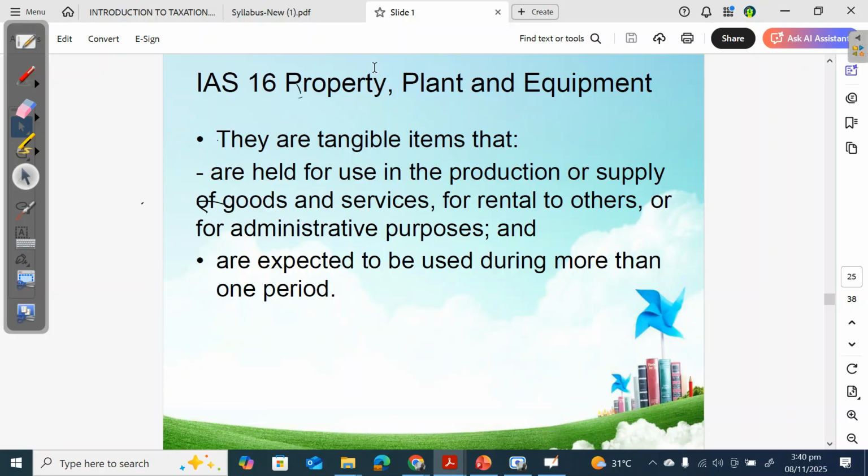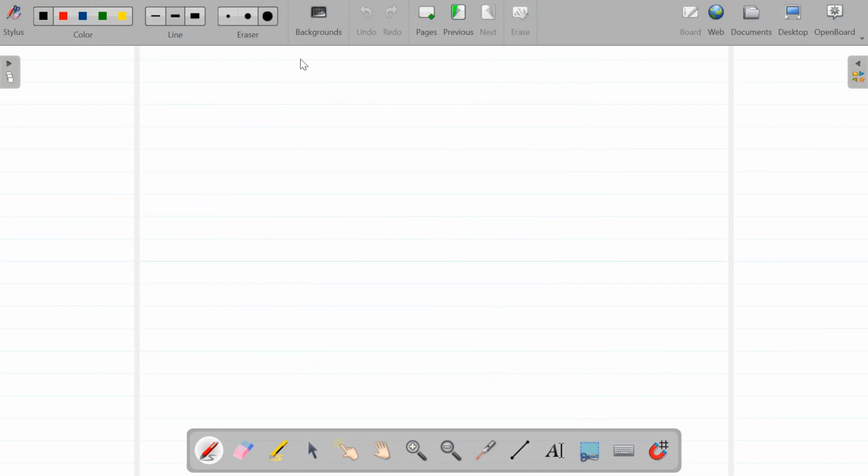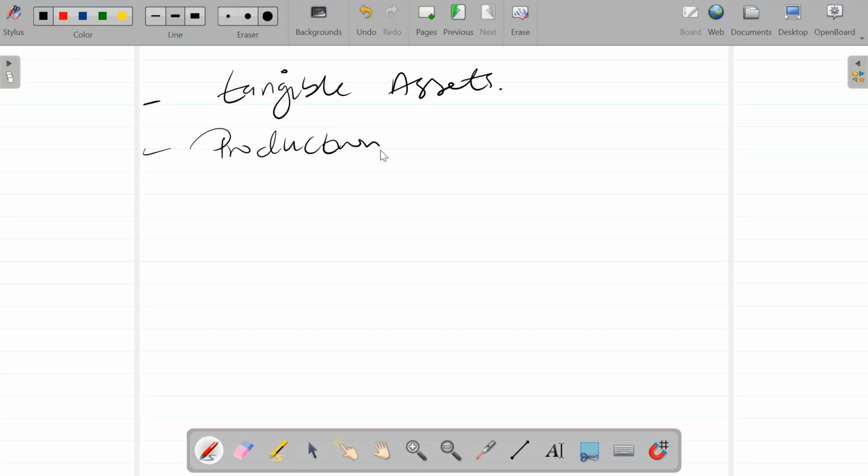Property, plant and equipment, first of all, are non-current assets, and also they are tangible items. When we say tangible, it means we can touch them, we can feel them. They are non-current assets, and they are used in the production of income.